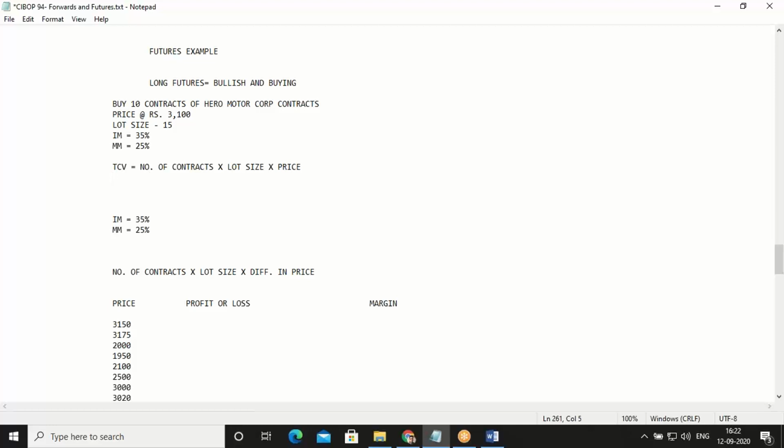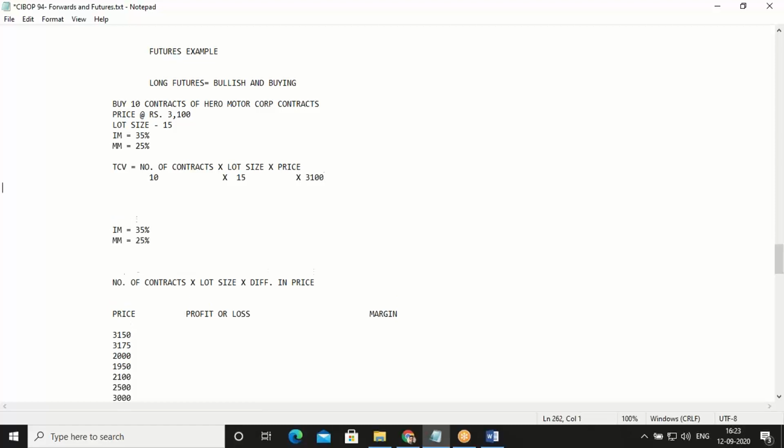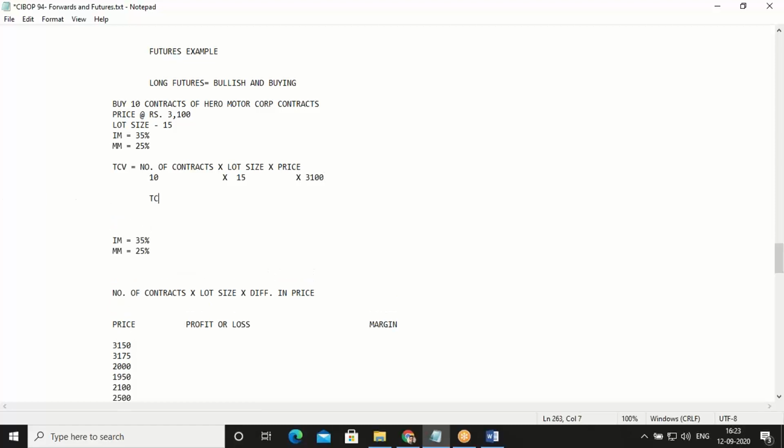So what's the number of contracts? 10. Lot size is 15 and price is 3,100. So what's the total contract value? Correct, 4,65,000.